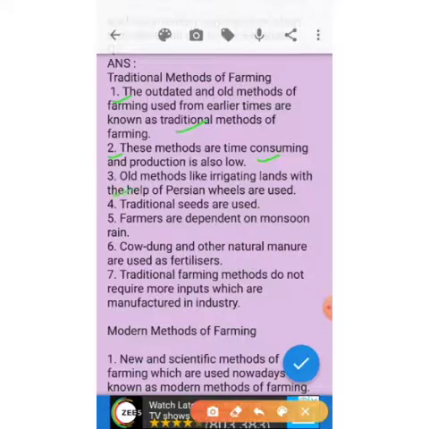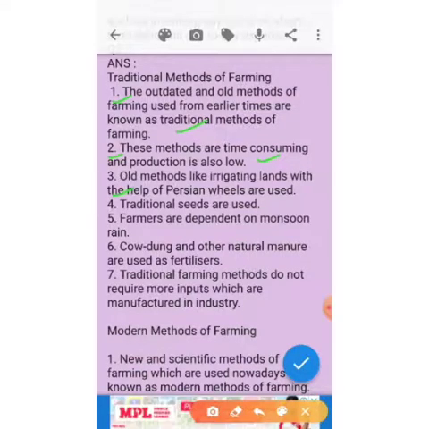Third, old methods like irrigating lands with the help of Persian wheels are used. Fourth, traditional seeds are used. Fifth, farmers are dependent on monsoon. Sixth, cow dung and other natural manures are used as fertilizers. Seventh, traditional farming methods do not require more inputs which are manufactured in industry.